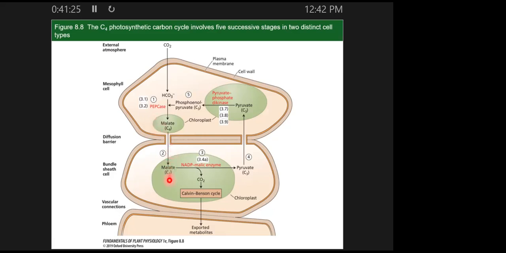Malate can get transferred easily into the bundle sheath cell, and then like the mosquito biting the human and delivering the pathogen, in this case, malate will get a carbon dioxide cleaved off of it and fed right into the Calvin cycle. So you have to imagine Rubisco right where that CO2 is, sitting there going, okay, I'll take the CO2.